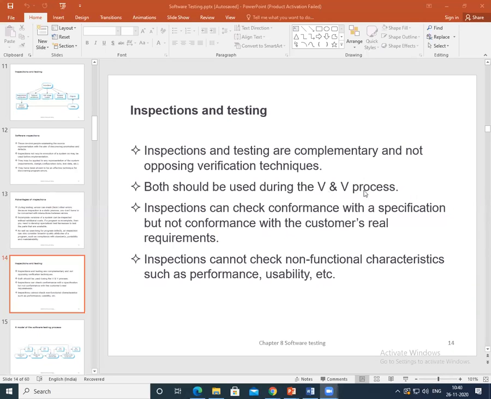Explain the V and V process. You should be able to explain what the verification and validation process is. For explaining this, you should go through the diagram. It is one of the important questions that is asked. Explain the V and V process.